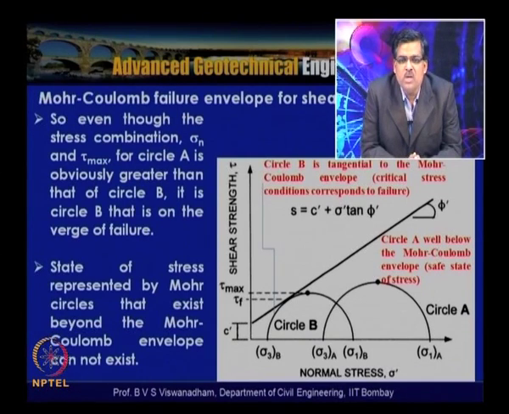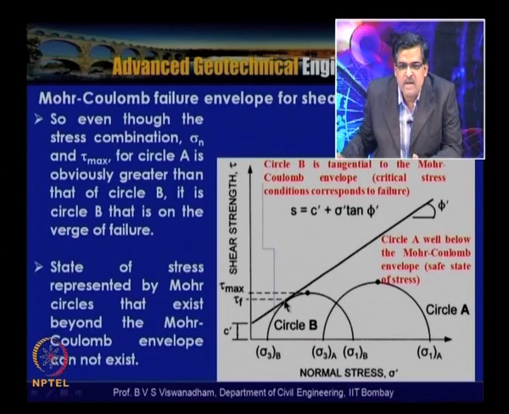But circle B is tangential to the Mohr-Coulomb envelope, with a point of coincidence here, and when you draw the line, this is the angle of inclination of the failure plane.